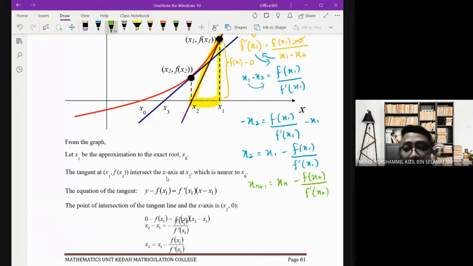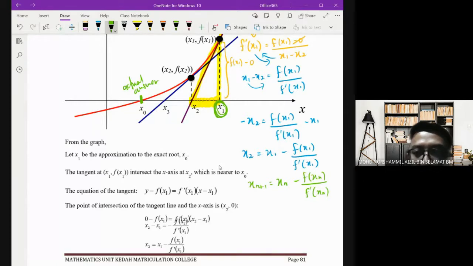Okay guys. Situasi soalan ni, apa yang berlaku adalah mula-mula kita teka jawapan dia dekat x1. Sedangkan jawapan kita nak yang ni. Ini jawapan yang kita nak. Ni actual answer. So first step, we assume that the answer is x1.